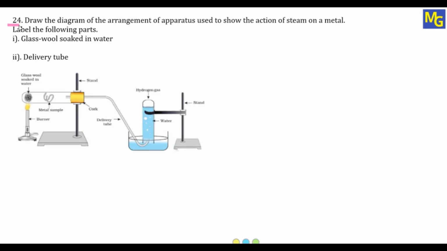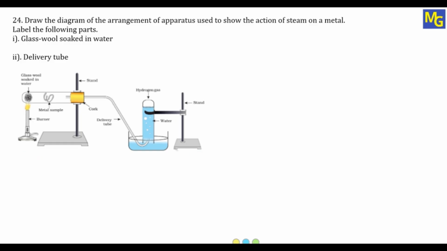Now question number 24. Draw the diagram of the arrangement of apparatus used to show the action of steam on a metal and label the following parts. So here we are going to draw the diagram of the action of steam on the metal and we are going to label these two, that is glass wool soaked in water and delivery tube. So this is the diagram from your NCERT book. I hope you know this diagram.